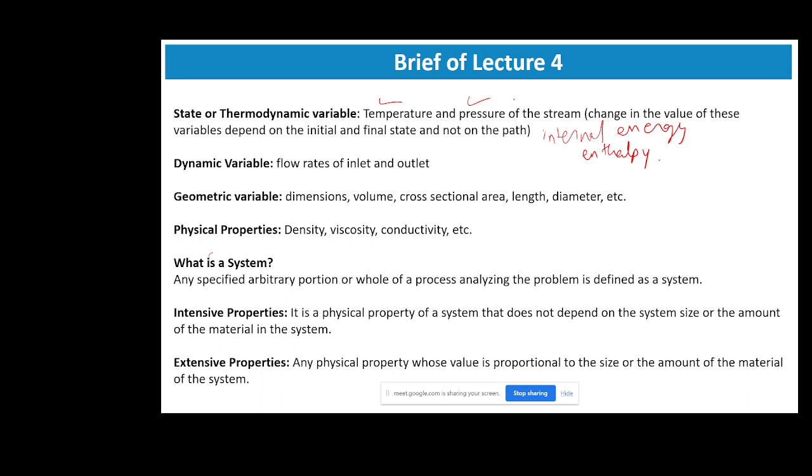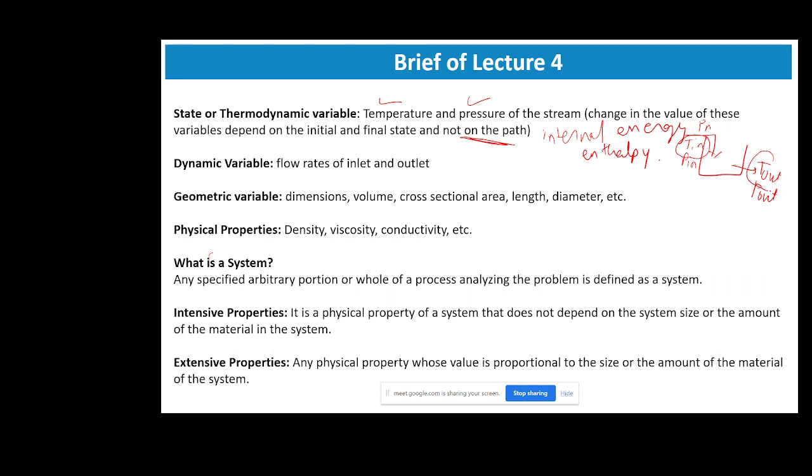Now, why are these properties termed state variables? Because they do not depend on the path of the system. For example, if you have a system in which one stream goes in with T inlet, pressure inlet, and there is an outlet with temperature outlet, pressure outlet, there can be a number of steps involved during the process, but whatever the process, it will not depend on the path you have taken.